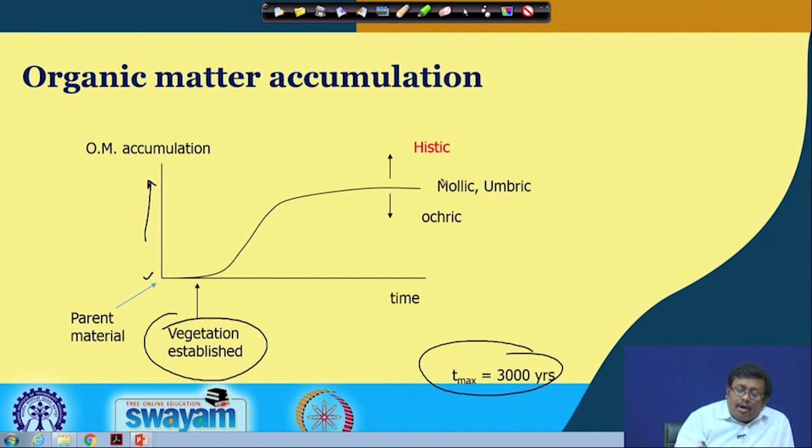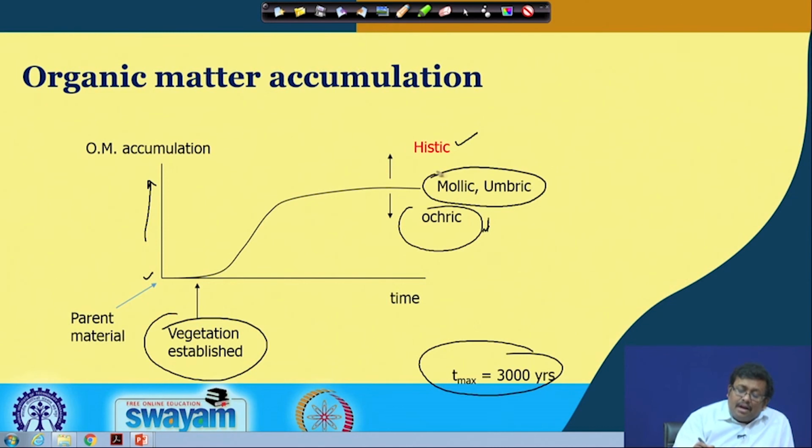At this time we will be calling this mollic or umbric, as you know both of them are high in organic matter. However, histic epipedon, which contains more than 20 to 30% of organic matter, will show more organic matter accumulation, and ochric, which is a light color epipedon, will show less organic matter.